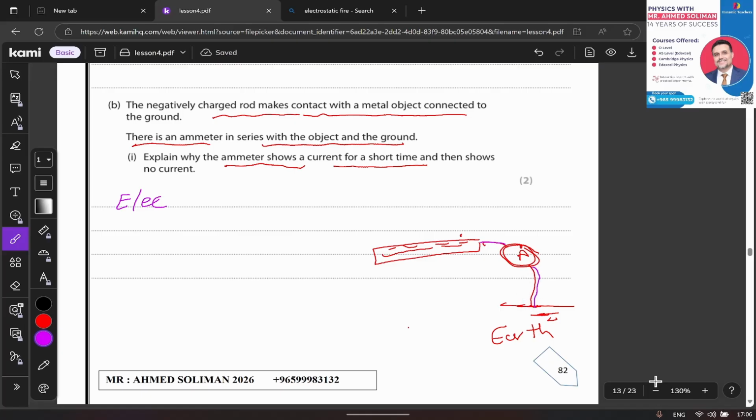So it will give a reading. After that, there are no electrons, so no reading. Right? Do you understand? Yes. Electrons flew through the conductor.